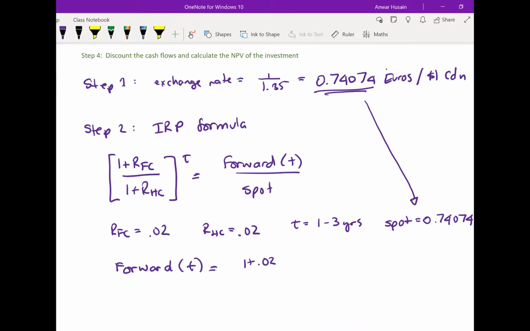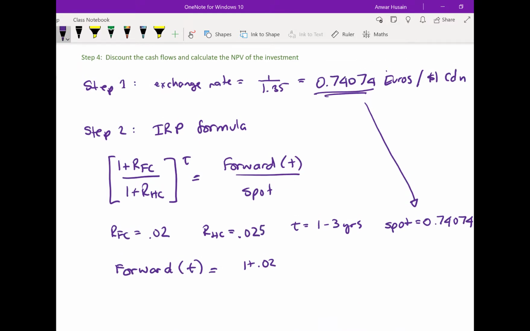Interest rate in Canada is 2.5%. Okay, so home country interest rate is 2.5. And then I divide that by 1 plus the home country interest rate of 2.5. And I put that to the exponent of time t. And I multiply that by the spot rate, which is going to be 0.74075.